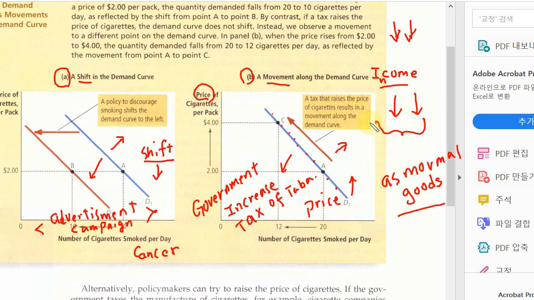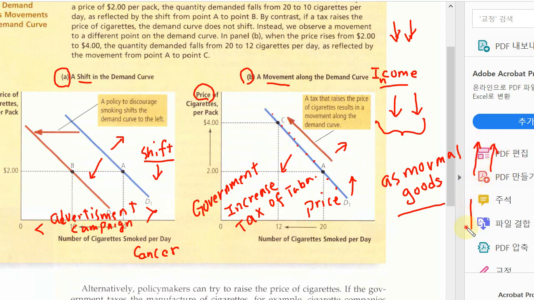And also we have another, I'll show you. Inferior goods. A normal good is the good where once income increased, demand increased.